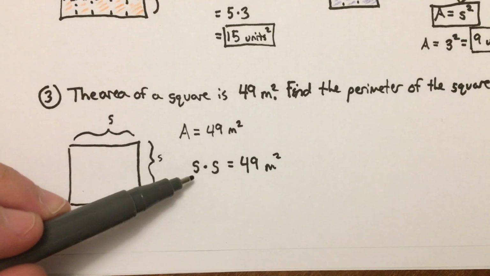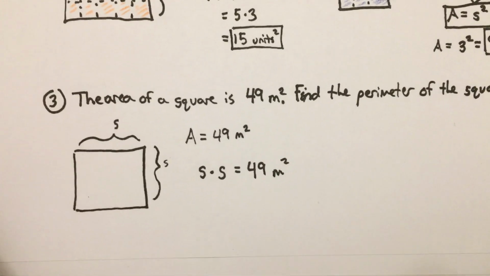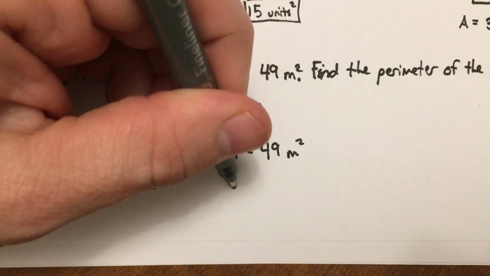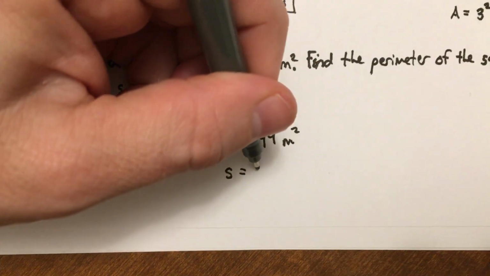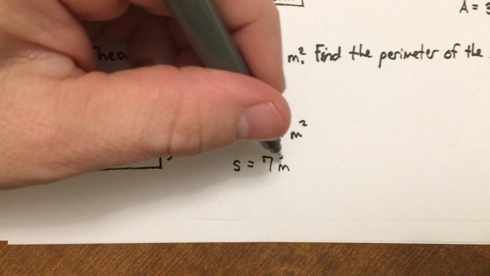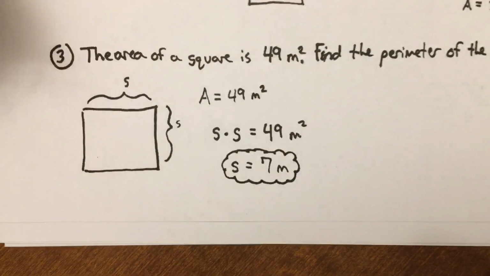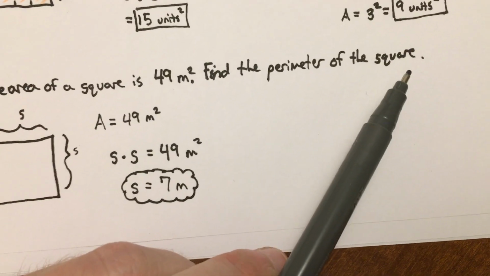So we've got to figure out what number times itself would equal 49. Well, if you think back through your multiplication facts, the measurement that would make this problem true for the side length would be 7 meters. So this is an important measurement that we are going to use to help us find the answer to our question, which is to find the perimeter of the square.